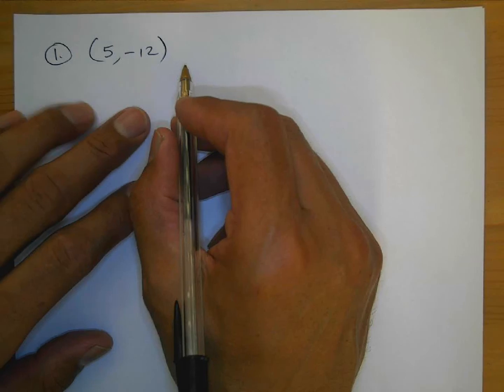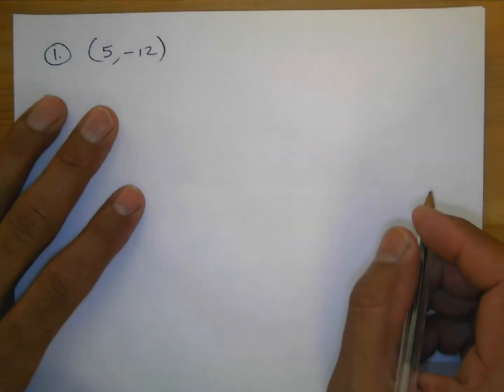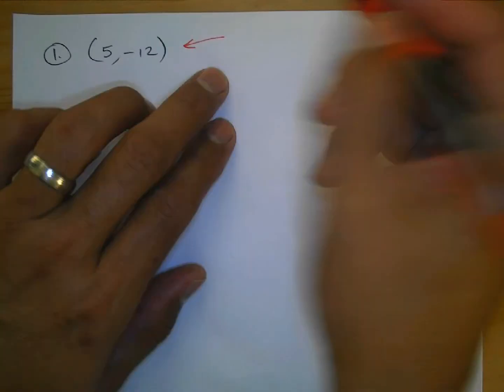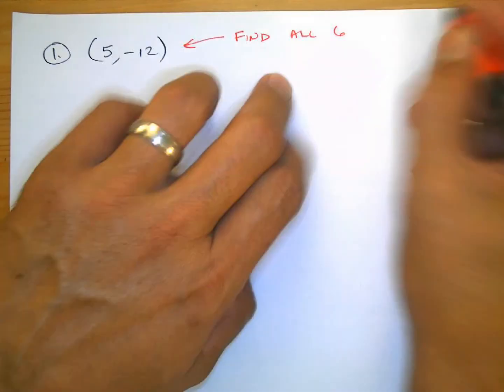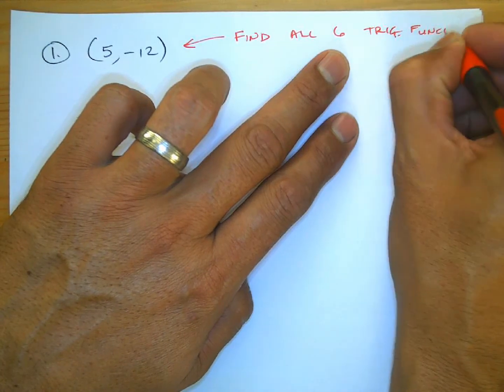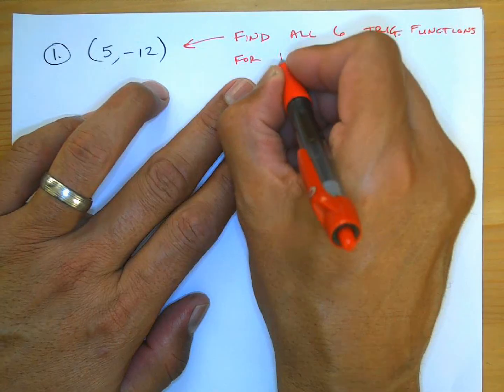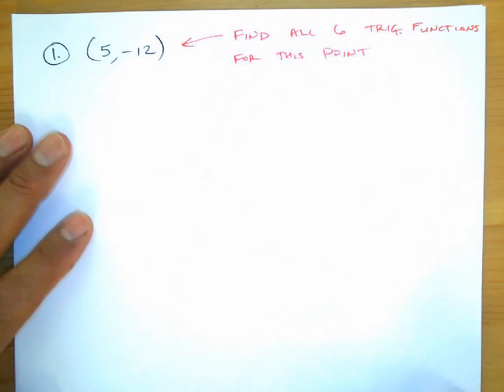This is what we're doing, finding all the 6 trigonometric functions of this given point. Find all 6 trig functions for this point.